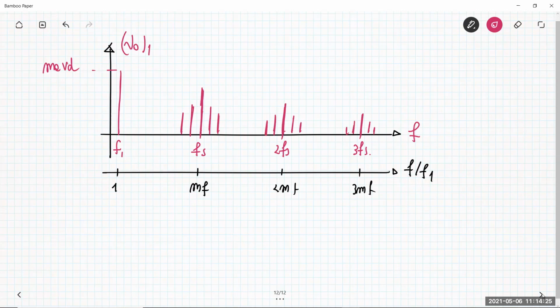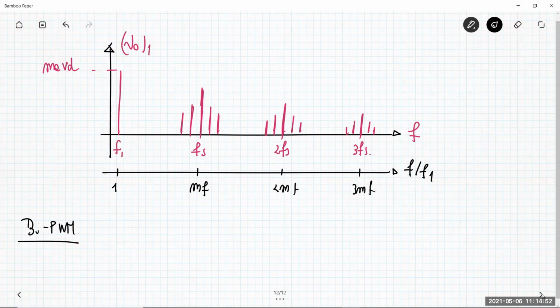Something like this. So what happens for the bipolar pulse width modulator? For the bipolar pulse width modulator, first of all, we have to say that the output voltage changes with the same frequency as the switching frequency.